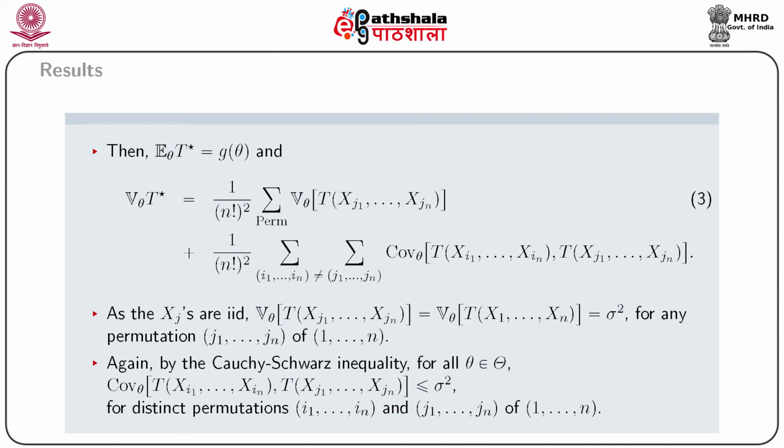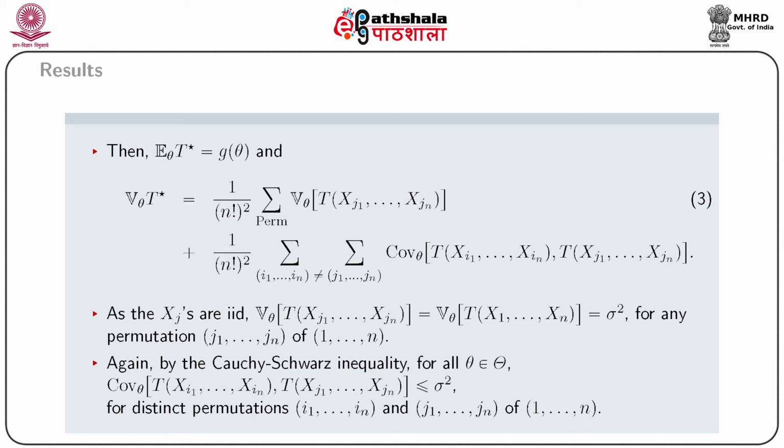Then expectation of T star equals g theta, and variance of T star equals 1 by n factorial square summation of variance of T(x_i1, x_i2 up to x_in) plus 1 by n factorial square into summation of covariance of T(x_i1, x_i2 up to x_in) and T(x_j1, x_j2 up to x_jn).